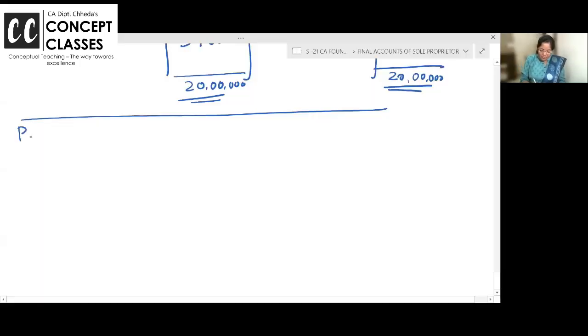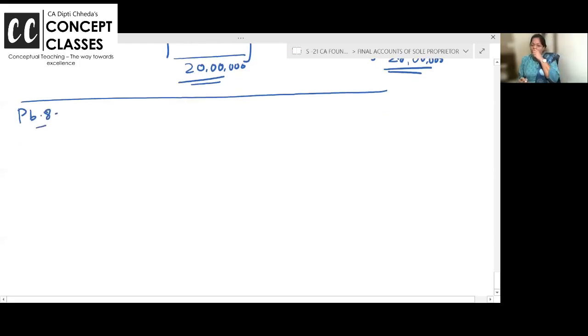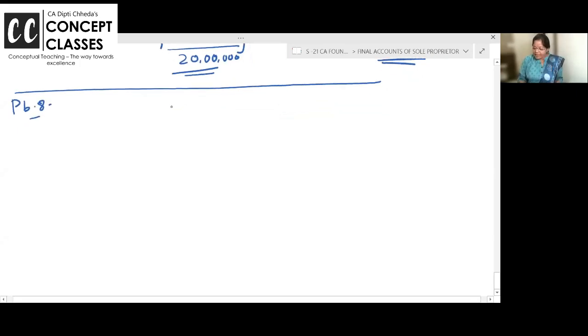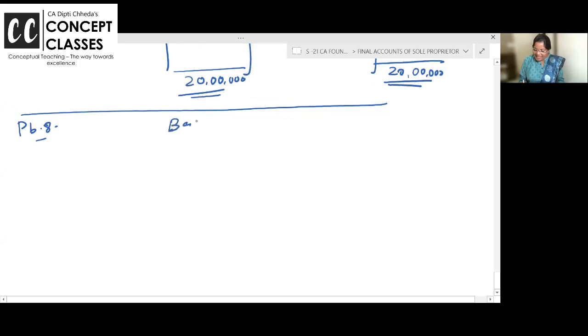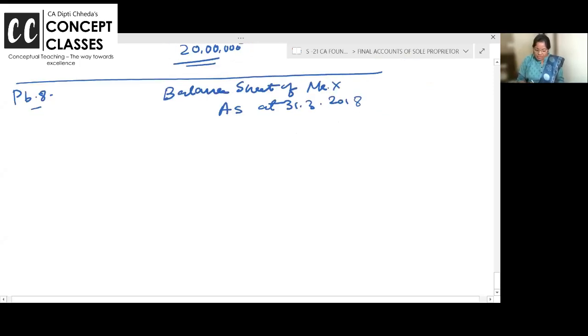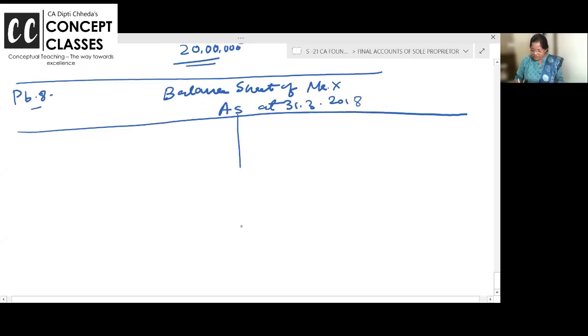Make the format of the balance sheet. Write down that a balance sheet is always as at: balance sheet of Mr. X as at 31st of March 2018. Just you have to prepare the balance sheet.